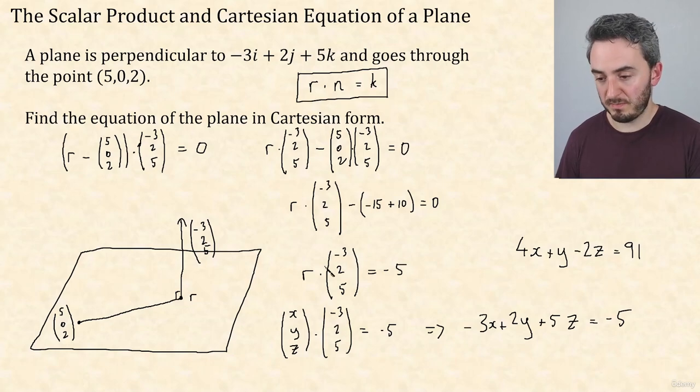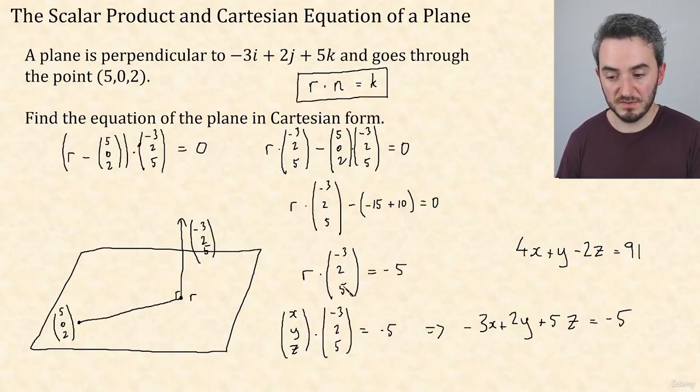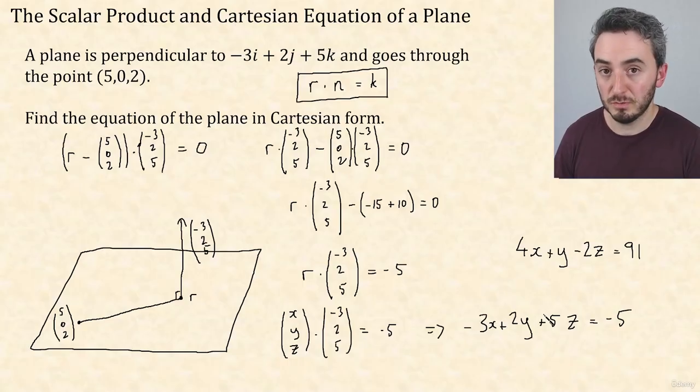So whenever you see something like r dotted with a vector equals a number, this vector is normal to the plane. And it's super easy to bounce between this form and Cartesian form, because really it's just minus 3x plus 2y plus 5z equals that number over there. So these numbers here, minus 3, 2, 5, those are your normal vector, the vector which is normal to the plane.